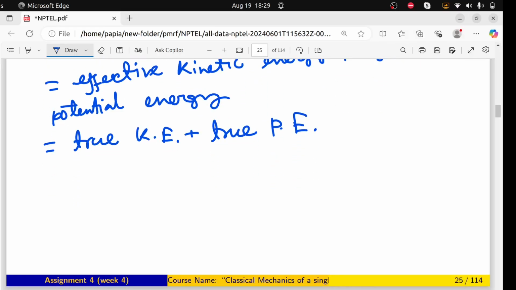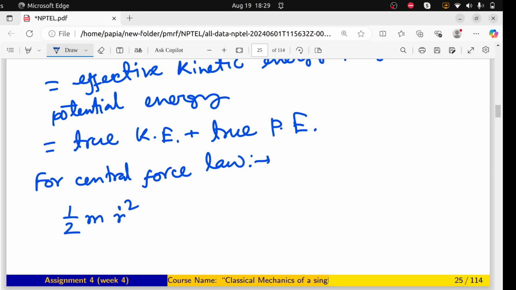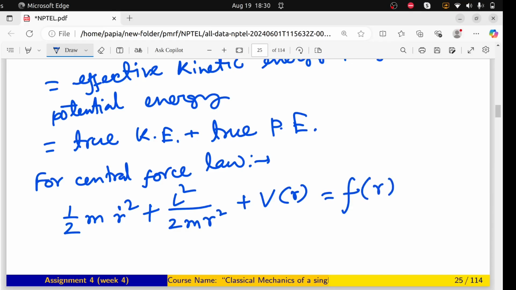Now if I am going to write for central force law, we have half m r dot square plus l square by 2m r square plus V at r equals to, not f at r, it will be energy, total energy. So for the central force law, this is the total mechanical energy.